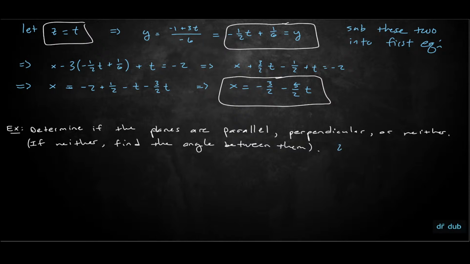The first plane is 2x minus 3y plus 4z equals 5. And the second plane is x plus 6y plus 4z equals 3. So solution, let's just draw two planes here. That would be parallel.